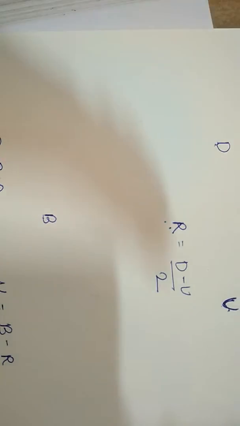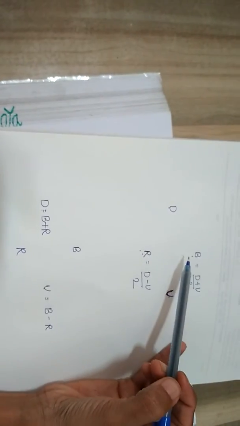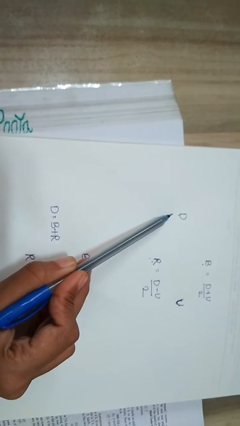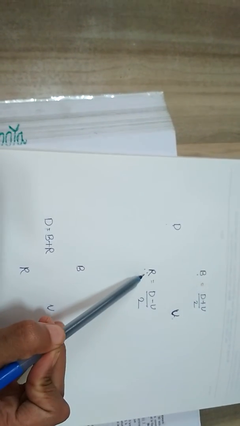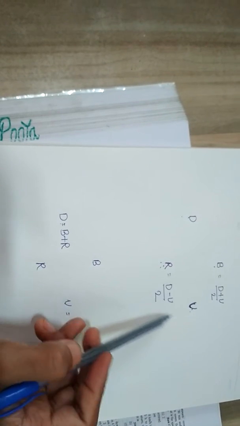So I'll show you this very properly now. You could see that when boat speed is to be found, it is downstream plus upstream divided by 2. When river speed is to be found, downstream minus upstream divided by 2.